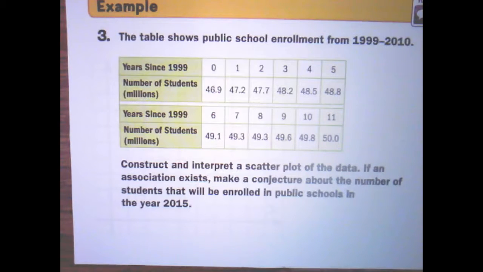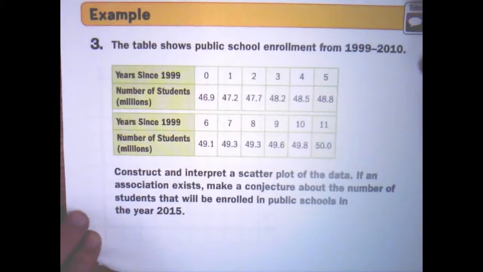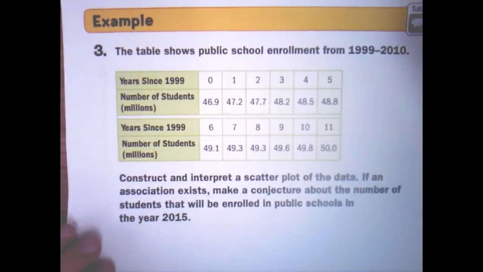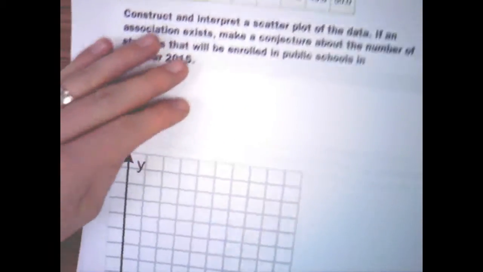Okay, the power of statistics is that we can take all of the data that we've been collecting for years and years and years and use that to shape our guess of what's going to happen in the future. And so many industries are based on this. It's just really super useful. Okay, so let's see here. I've got my graph on the other page.